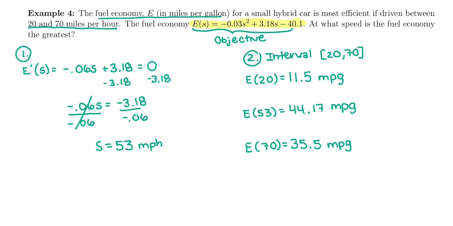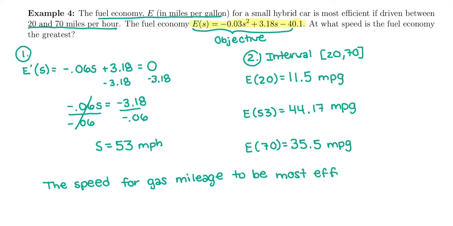So when we're advising somebody to try to conserve fuel, conserve energy, we would say that the speed for gas mileage to be most efficient, or in other words, best fuel economy, is what?